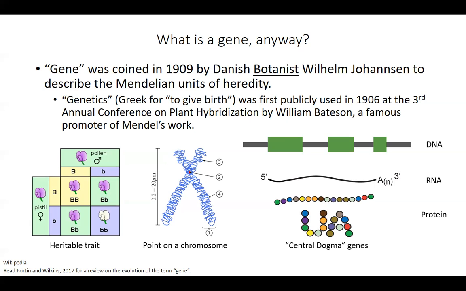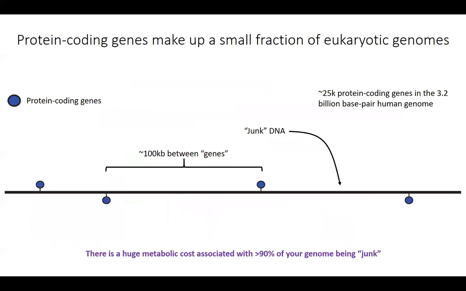Okay, so let's think about the level of protein coding genes that make up the eukaryotic genome. The actual number of protein coding genes is a very small portion of the number of nucleotides we have in the human genome. We only have about 25,000 known protein coding genes in a genome that is 3.2 billion base pairs long.